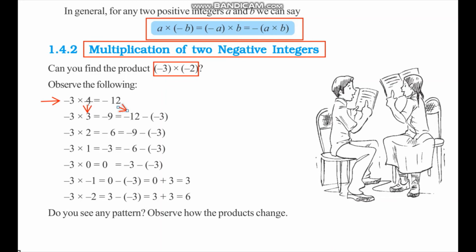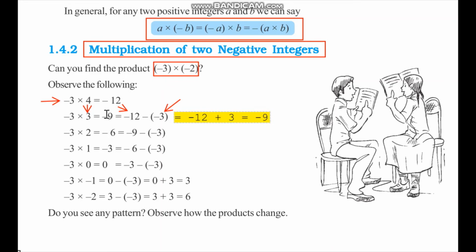If we want to find out the product of 3 minus 3's, we can get the product of 4 minus 3's and subtract 1 minus 3 from it. When we do that, what we will get is minus 9. This is because minus 12 minus of minus 3 is going to be equal to minus 12 plus 3, and that is minus 9.